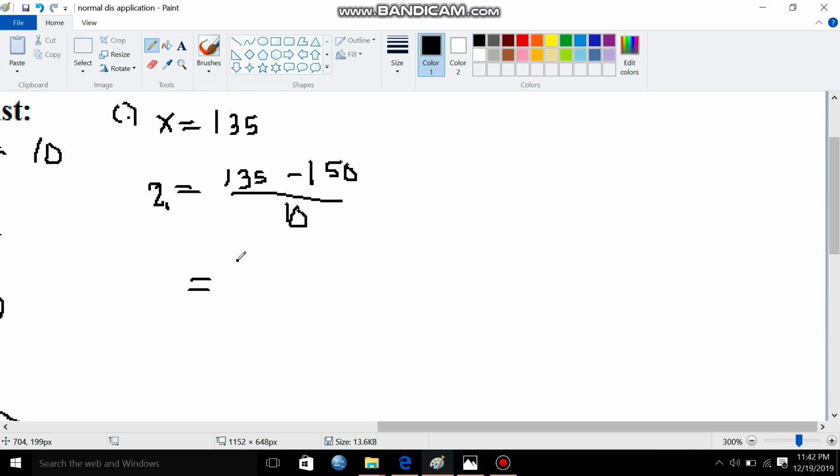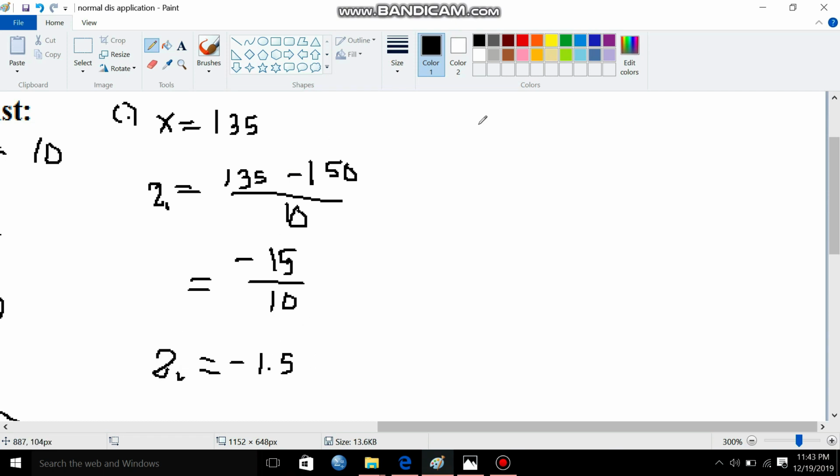This will become negative 15, all over 10. Then dividing these two numbers will give us negative 1.5. So we're done with z sub 1 for 135.